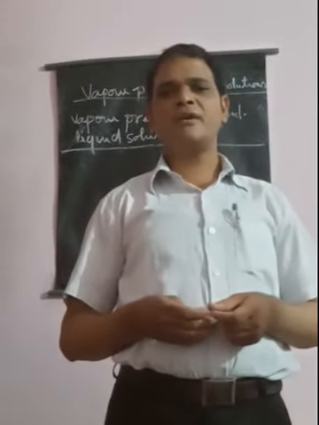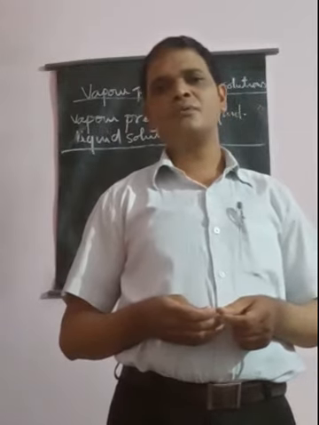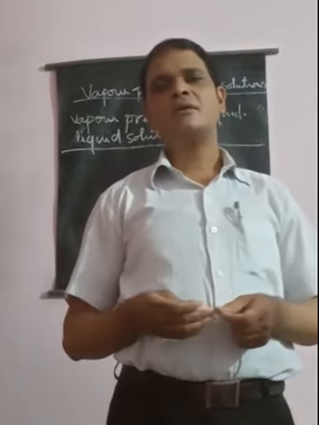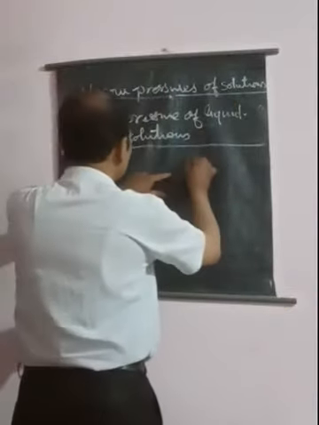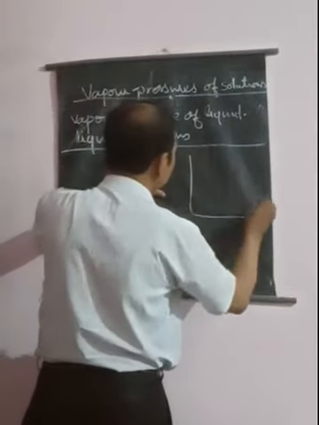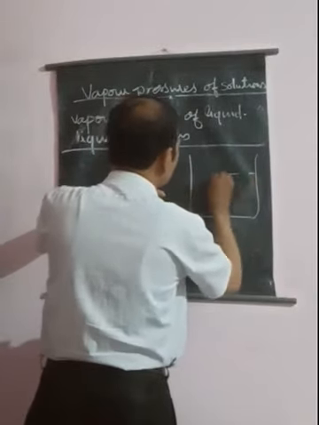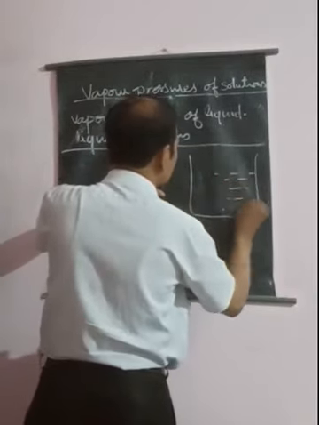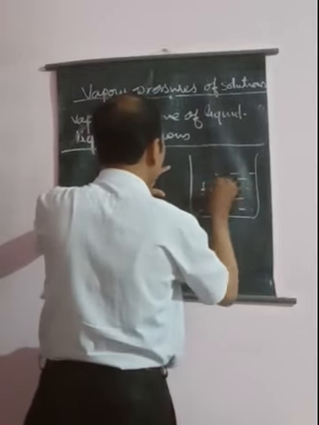Suppose solvent is denoted by the number 1 and solute is denoted by the number 2. So we can say here that the solution will be just like this. In this solution, two components will be present. What are those two components? Component 1 and component 2.